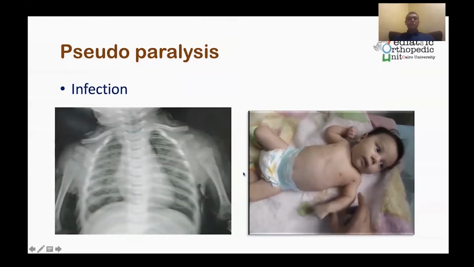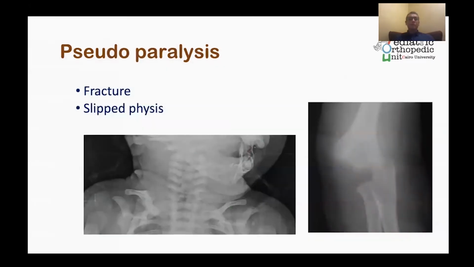One of the most common causes that may be misdiagnosed as brachial plexus palsy is infection, such as neonatal septic shoulder. All infections or painful injuries of the upper limb produce what is called pseudoparalysis that could be misdiagnosed as brachial plexus palsy.